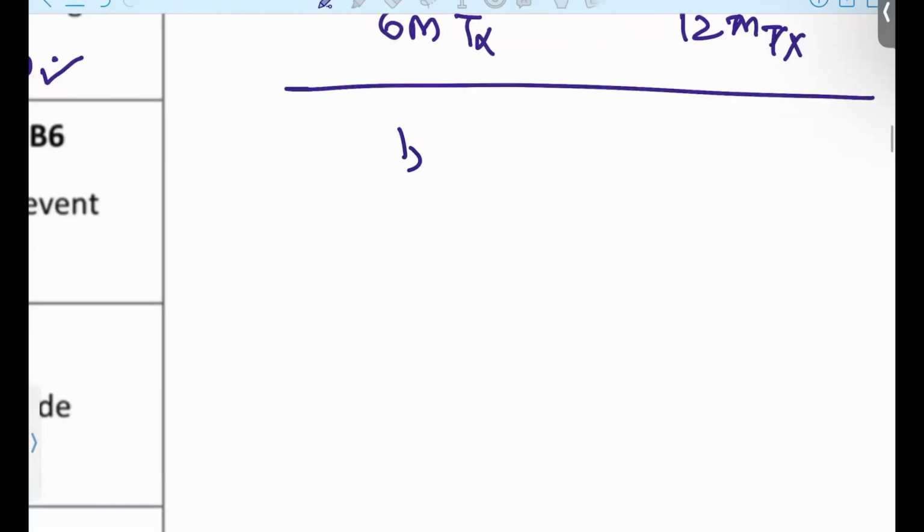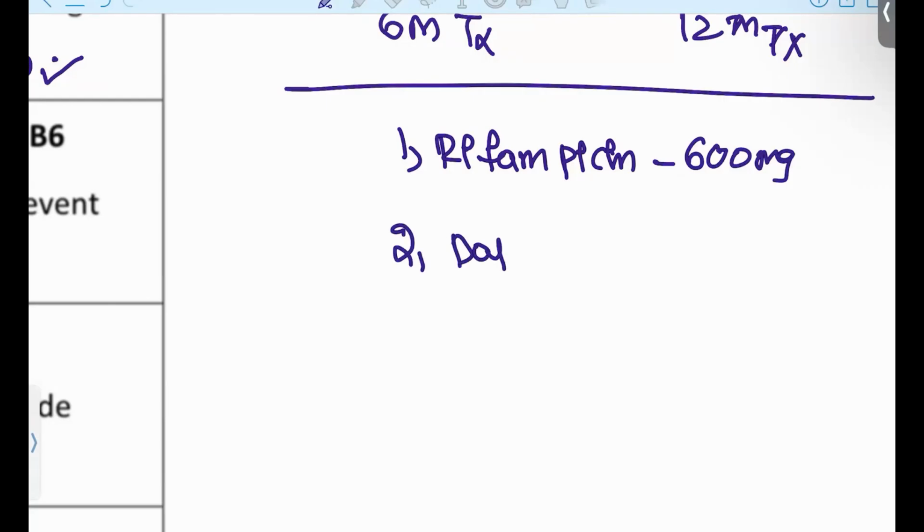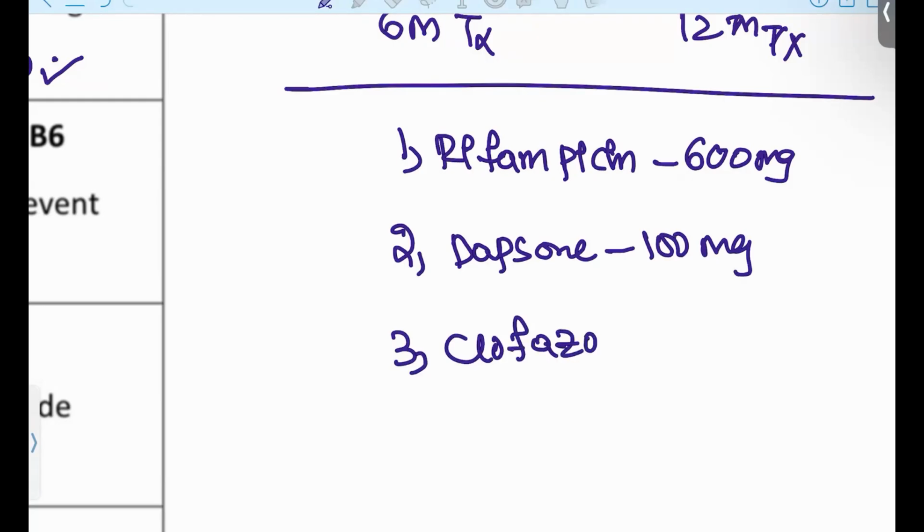What are the drugs of choice? The first one is rifampicin, 600 mg. Second one is dapsone, 100 mg for the patient. And third one is clofazimine, 300 mg plus 50 mg.